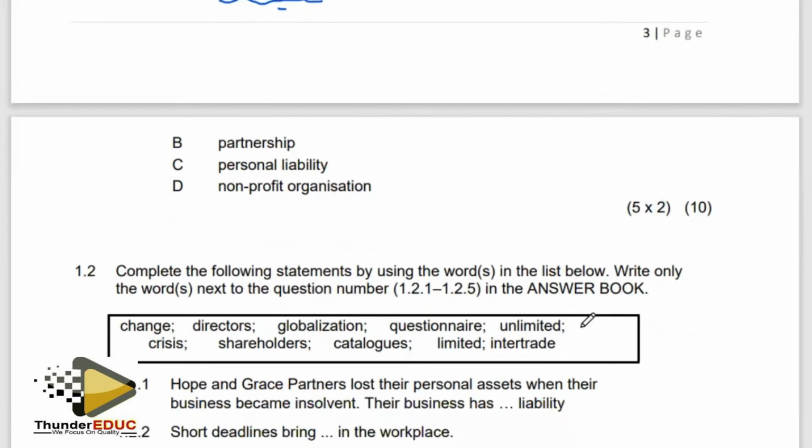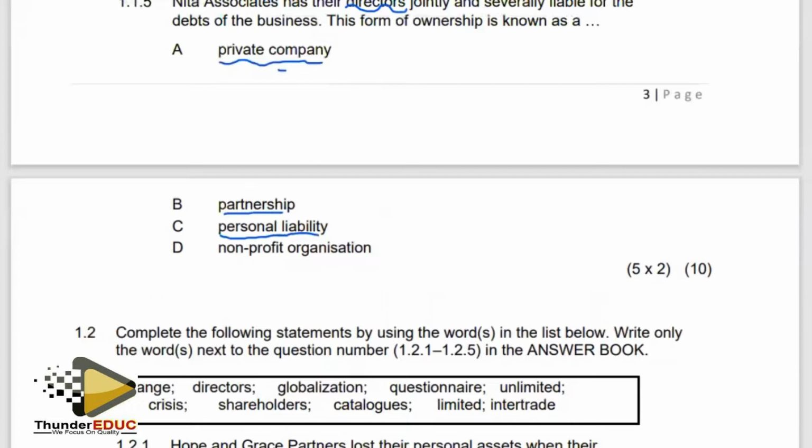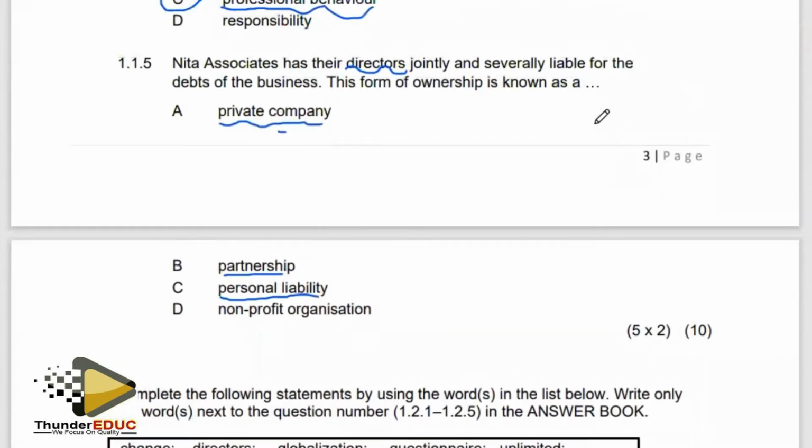What about personal liability companies? Personal liability companies have the same characteristics as private companies.